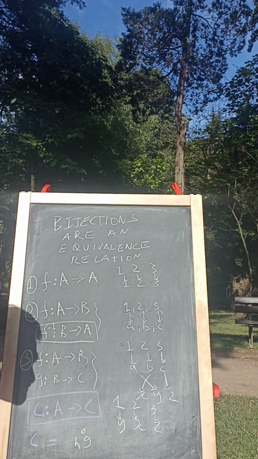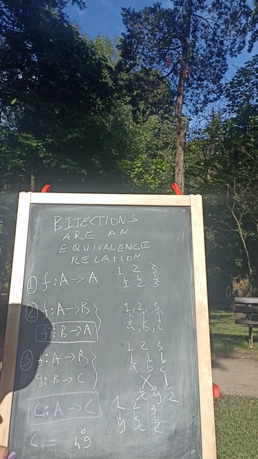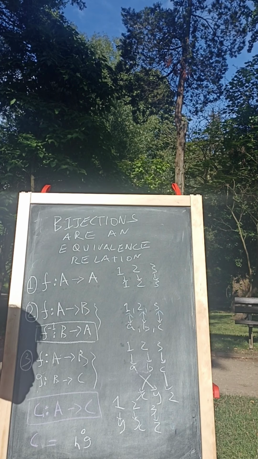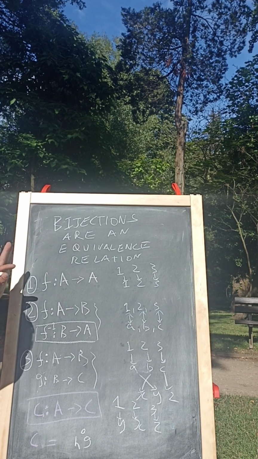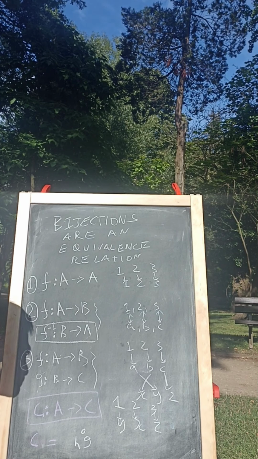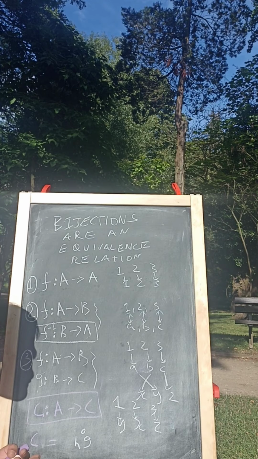So the property of transitivity is also satisfied. To recap, we have now shown that bijections are in fact equivalence relations, and with that in mind, we can now extend this idea to infinite sets.